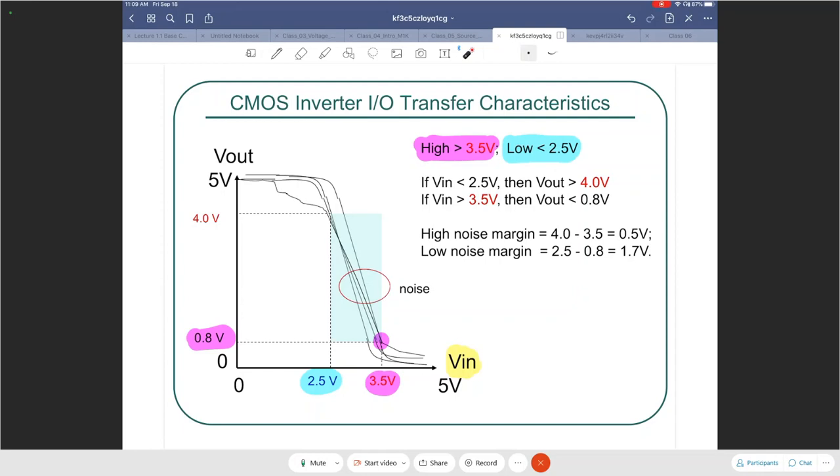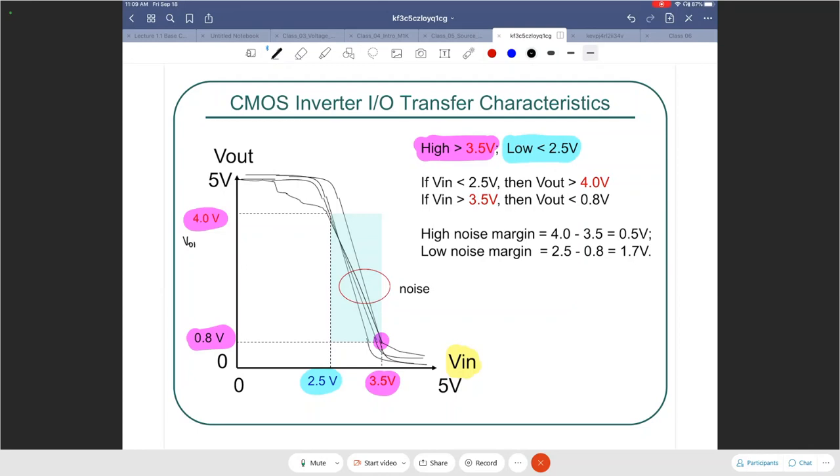We are interested in only 4 values. You guys remember that, right? We just need 4 values and we do the subtraction appropriately and find the noise margins. Now, when the input is 3.5, the output of the NOT gate is 0.8. And when the input is 2.5, the transfer characteristic tells me that the output for that input is 4. So using the same terminology that I have before, let us call these guys their appropriate names. What is 4 volt? 4 volt is an output.